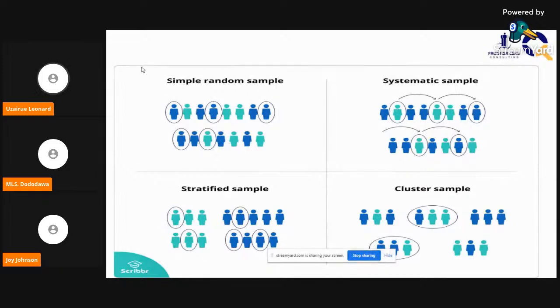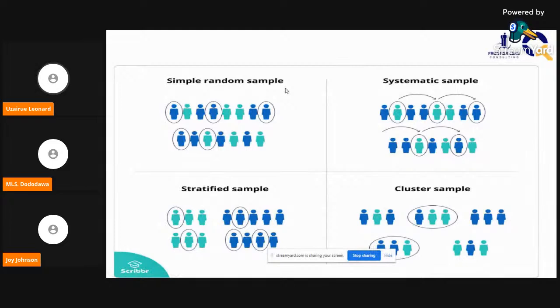Then you may ask the students to write the numbers that were given to them and put them in a basket or something like that. Then you roll it, and someone will dip and pick a number. So you just pick until you get to the 100 that you want. Everybody in that population has an equal chance of being chosen. So that is what simple random sampling is all about.